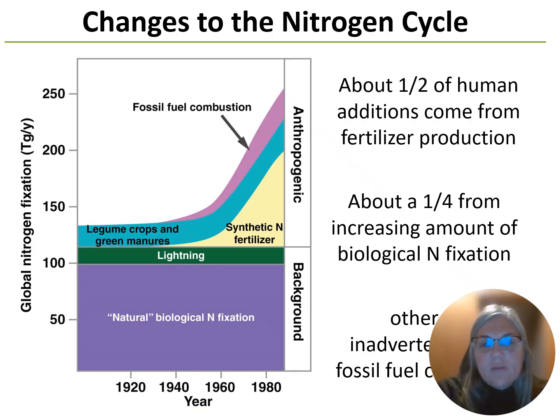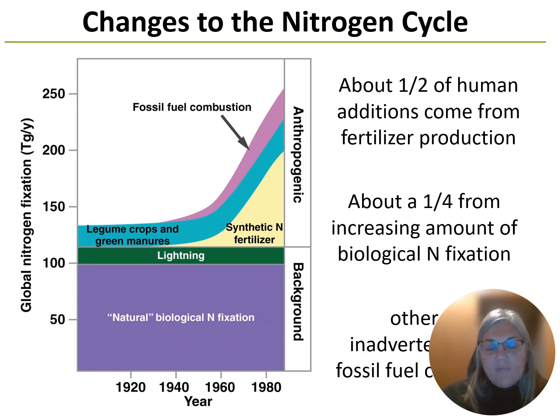That's more nitrogen fixed globally. And then, in addition, when we burn fossil fuels, a small amount of the byproduct of that is fixation of atmospheric gas. So, on estimate, about half of human additions come from fertilizer production, and about a quarter come from increasing the amount of biological nitrogen fixation, mostly through crops.